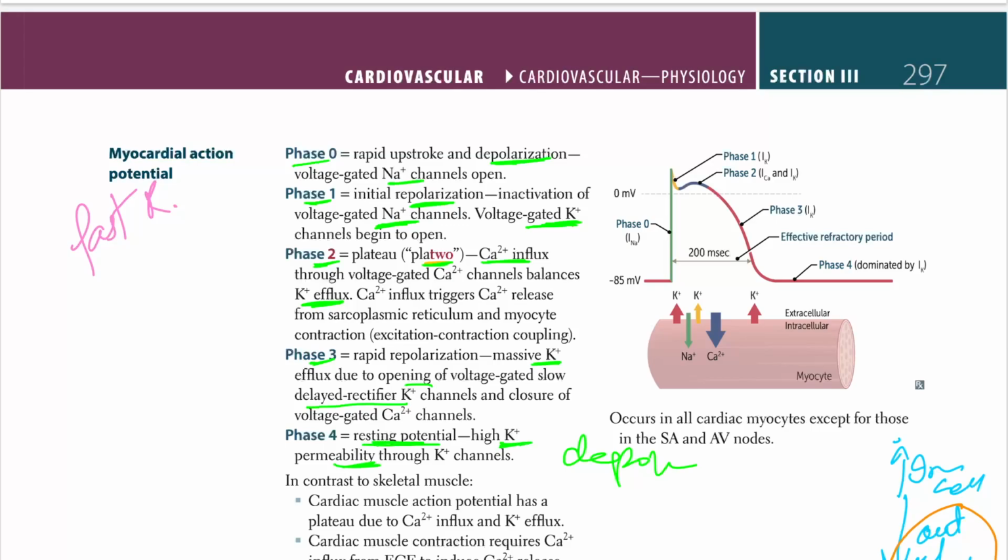It's not going to close till you again go into depolarization, in which case there's a closure and specific opening of the other potassium channels, not the inward rectifier IK1. Okay, so that is what we have.